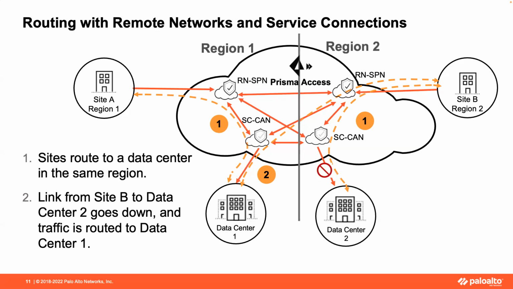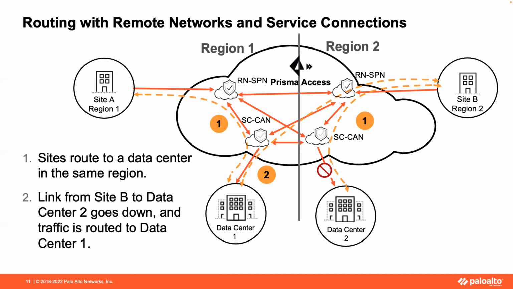And automatically, without you having to configure anything, if I need to reach a data center and a service connection to, say, authenticate, or to be able to reach an internal DNS server or whatever service I need to reach, I go down a service connection through a service connection CAN, a corporate access node, which is an internal connection that nobody out on the internet can reach, but I can as a user. I go to the closest one.